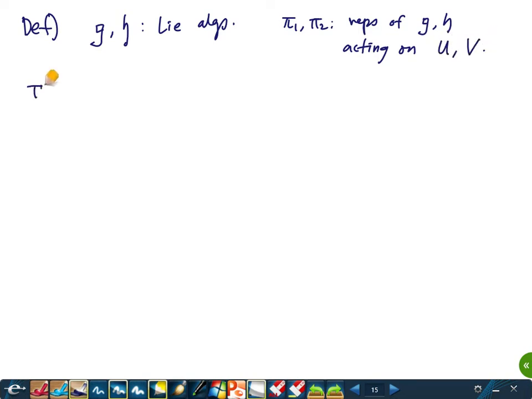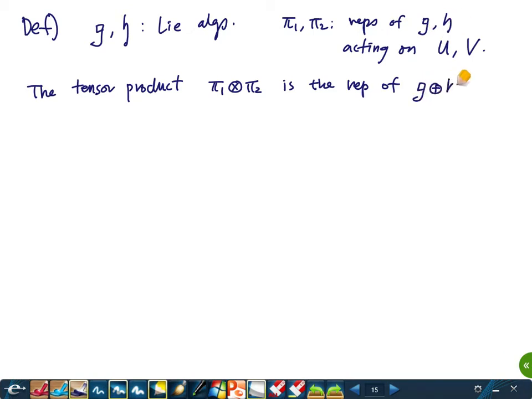Then the tensor product pi 1 tensor pi 2 is the representation of G direct sum H, acting on U tensor V by the following rule.